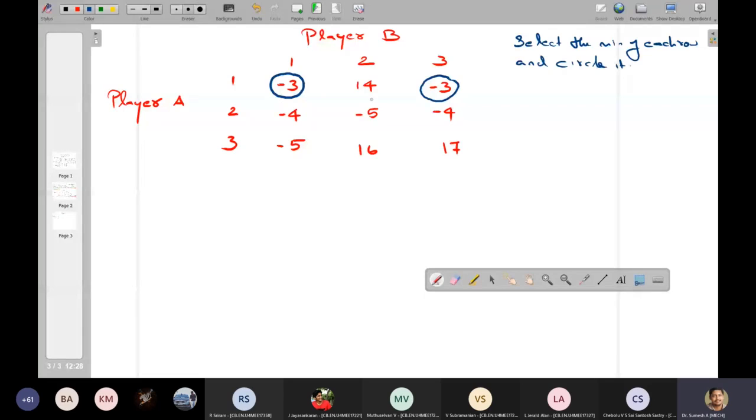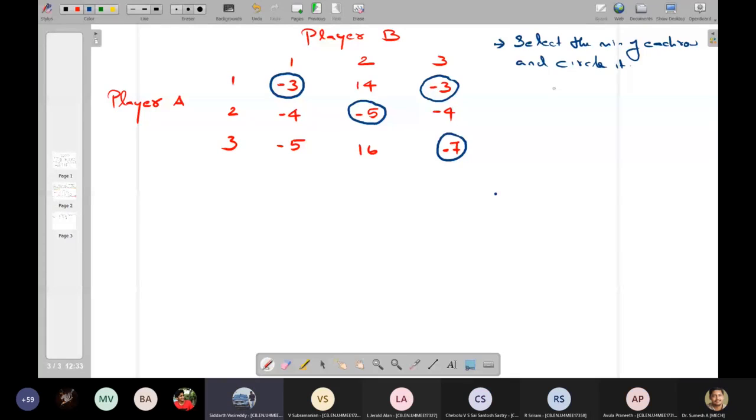In the third row, that's not 17, that's -7. Sorry. So I have selected the minimum of each row and circled it: -3, -5, and -7.